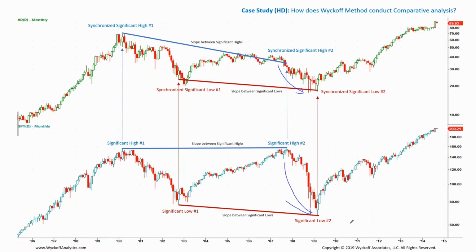Why would the stock not move as much to the downside? Well, obviously, if it's not moving as much, it means two things.